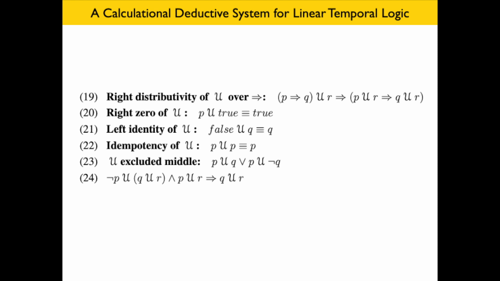We have the left identity of until, where false until Q equals Q. And a very interesting one, idempotency of until, which is number 22 now. And then a very interesting until excluded middle, P until Q or P until not Q. So it looks like the old excluded middle from propositional calculus, P or not P. And then an unnamed theorem, number 24.